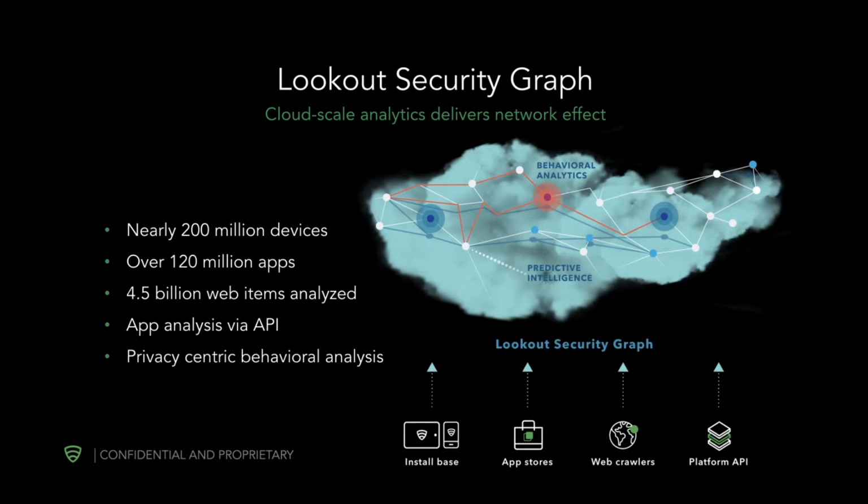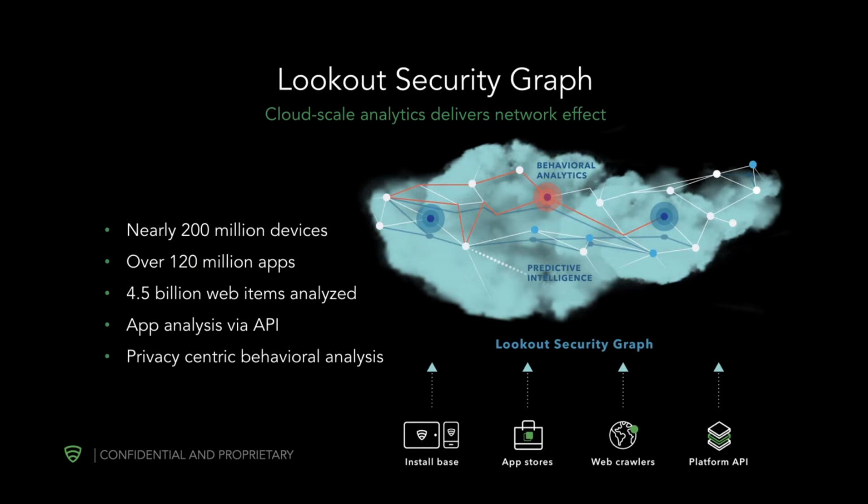In terms of Lookout as a company, the real power and the real benefit of our solution is that we now have around 200 million devices all over the globe, which is massive. Just a small view on the competition: if we take all the competitors together, they are in a one-digit million area.